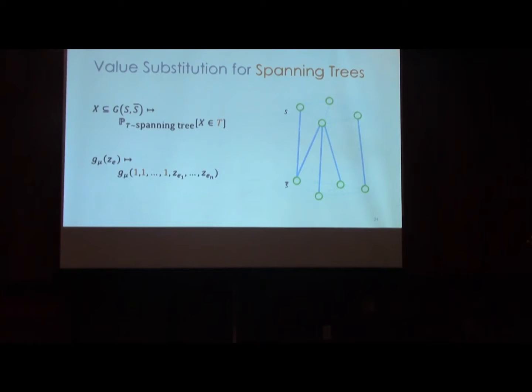You just plug in 1 for all of the edges you don't care about, and you're just taking the projection of the spanning tree distribution on just these particular edges.